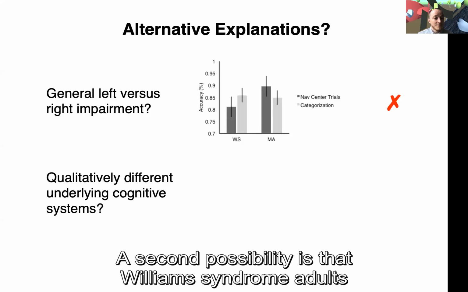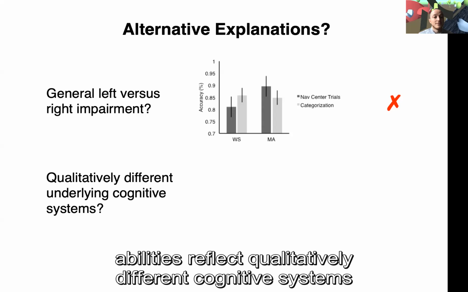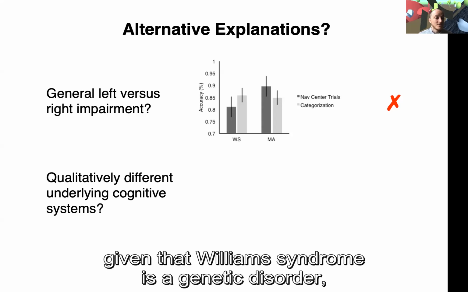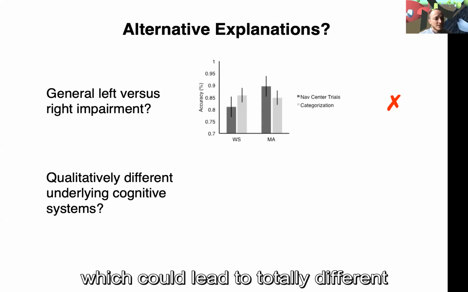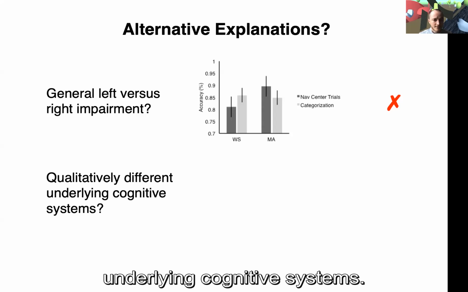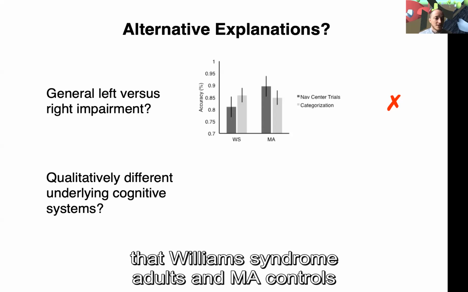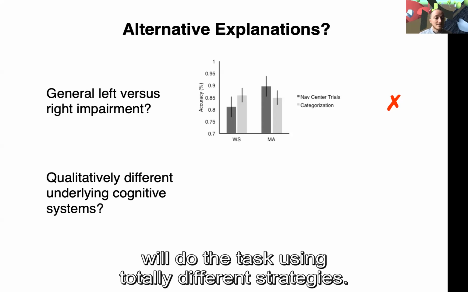A second possibility is that Williams syndrome adults' abilities reflect qualitatively different cognitive systems relative to typically developing populations, given that Williams syndrome is a genetic disorder, which could lead to totally different underlying cognitive systems. So if this is true, then you should expect that Williams syndrome adults and MA controls will do the task using totally different strategies.